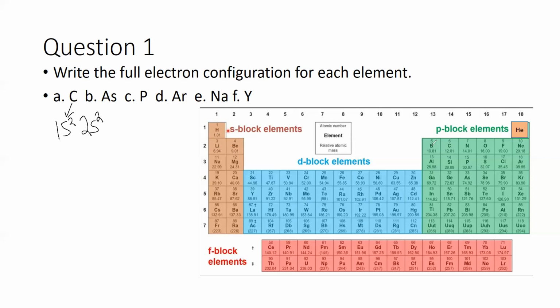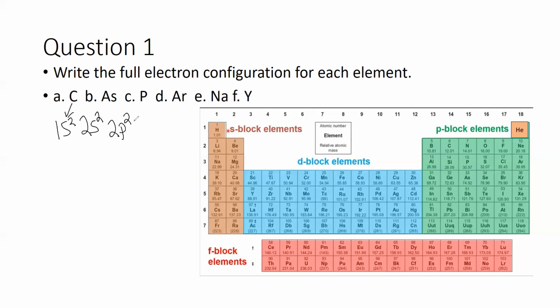Now we make it to the p block. So this is 2p for row 2. 2p1 is boron here, but we're not at carbon, so we move one over. 2p2. All right, we're at carbon, so we're done, and we write down where we ended up: 2p2.